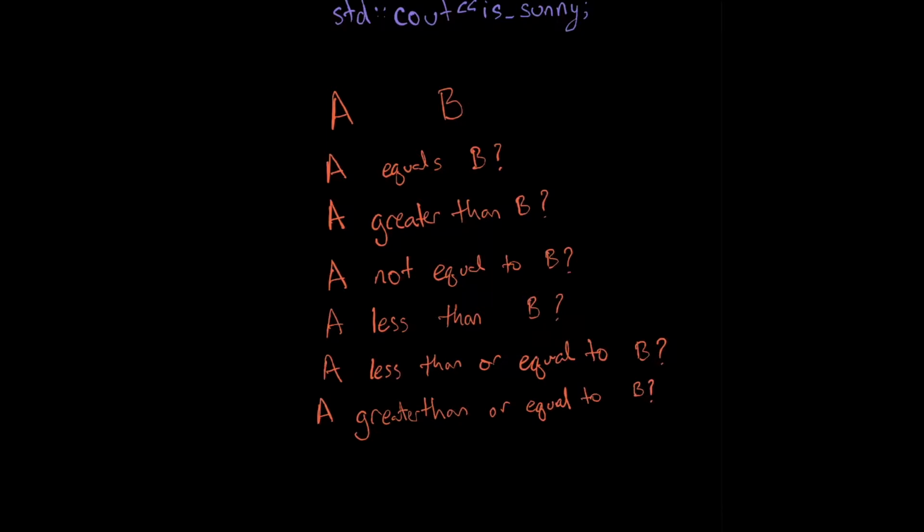So to each of these questions, we're going to have a yes or no answer. Let's plug in some numbers, for example, and say that A equals 100 and B equals 10. Does A equal B? The answer here would be false.